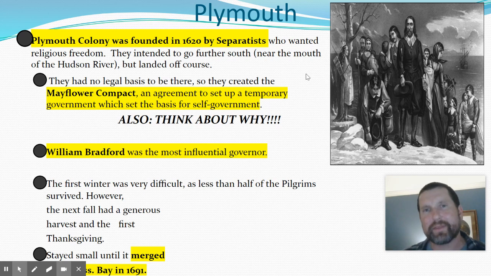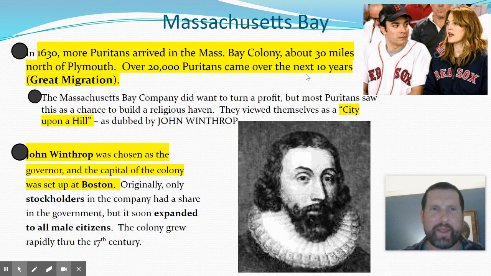And as we talked about the Enlightenment era, you have some influence that, if you know the ending, and the Declaration of Independence to follow 150 years from now, you would see kind of again the writing on the wall. The Plymouth colony merges with Massachusetts Bay in 1691. But this is this classic American story that you are familiar with. But we want to paint it a little bit differently and understand what seeds are being planted.